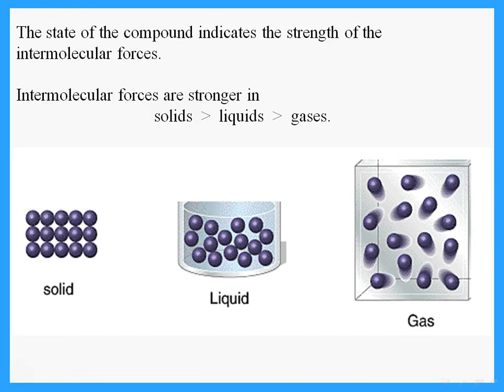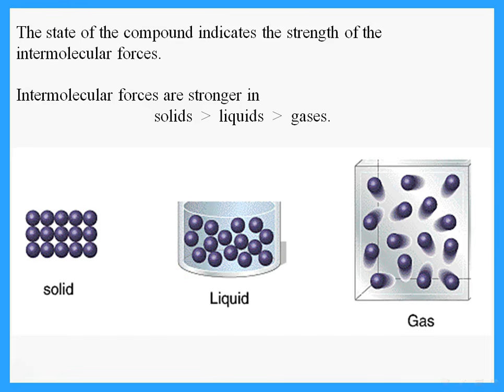First of all, if we look at the state of the substance, is it a solid or a liquid or a gas? Remember, when we were talking about solids, liquids, and gases, we said a solid, its particles are closely packed. That means they are touching each other or right next to each other, and that means that the forces between them must be strong.